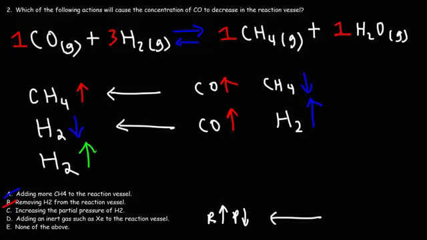Now, before we answer that question, I want to mention a few things. When speaking in terms of a reactant or a product that's dissolved in an aqueous solution, the term partial pressure doesn't apply because it's not a gas. However, we can describe it in terms of its concentration. But when dealing with gases, you can talk about it with reference to partial pressure, since all gases exert some level of pressure.